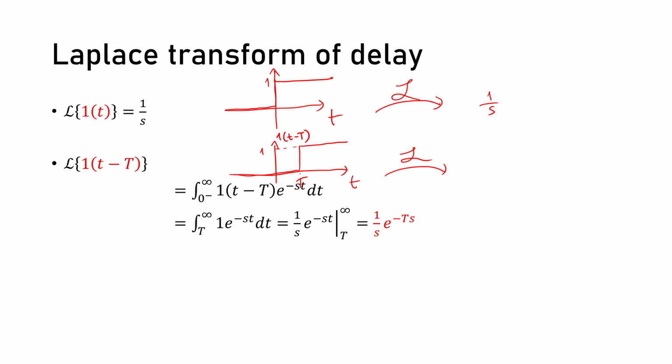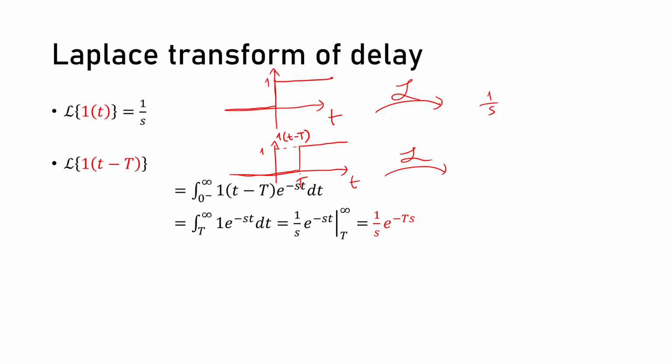But because the function is not 0 only from capital T to infinity, this integral is reduced to just the integral from capital T to infinity, and the whole function here is just 1. After that we can easily integrate it and substitute the limits T and infinity, and you get the result.